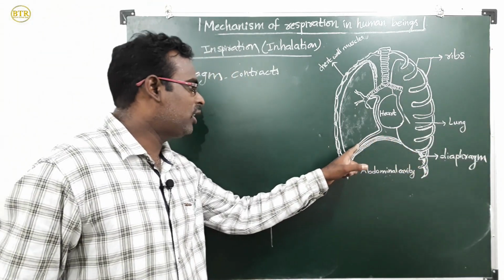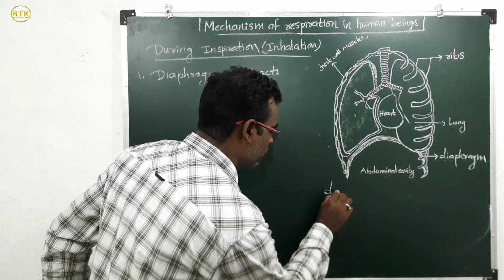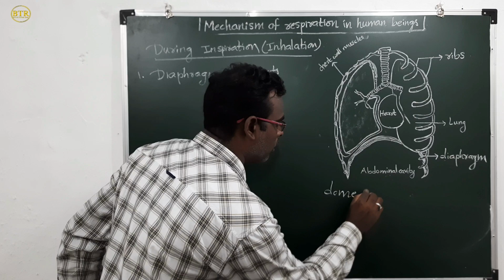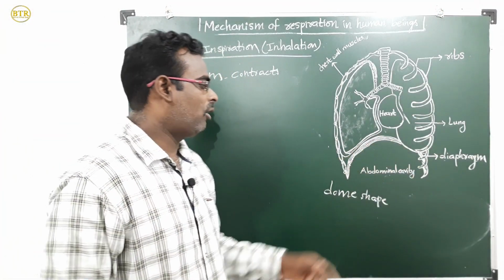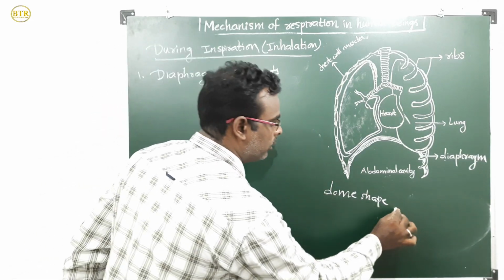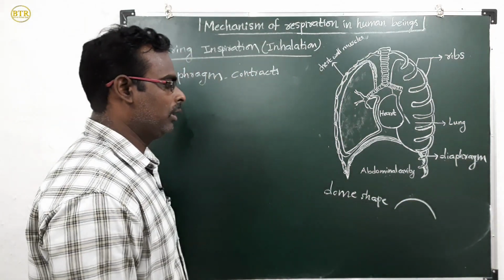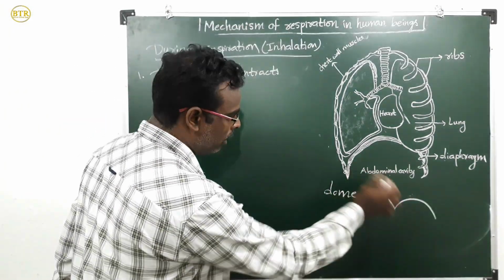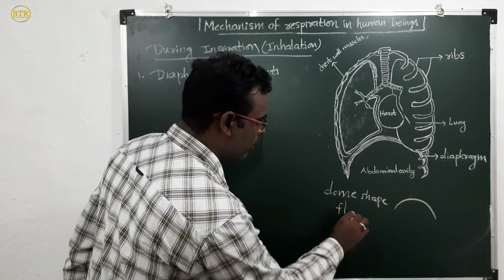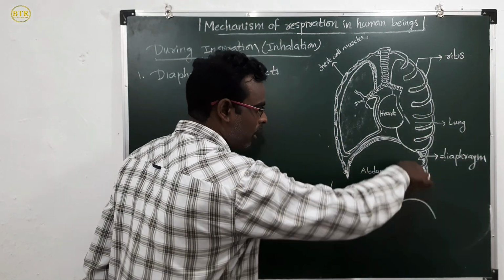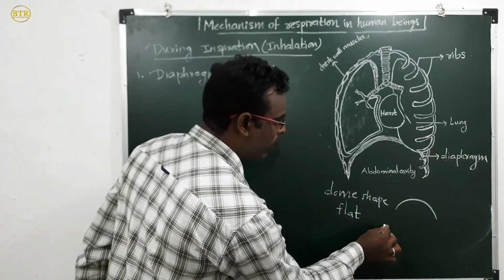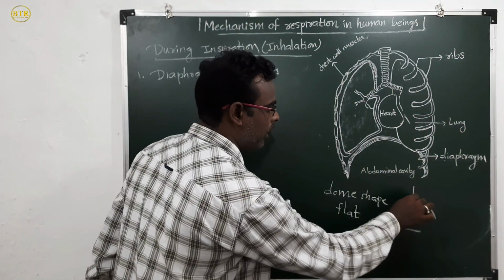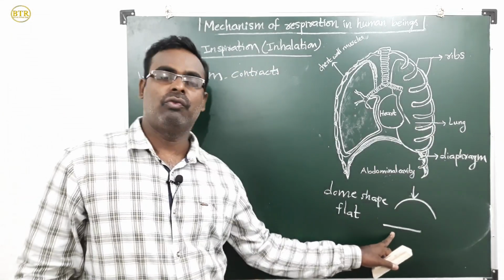It is present in a dome shape, like this. Then the diaphragm can convert into flat: the dome shape is pushed downward, moves downward, and becomes flat.